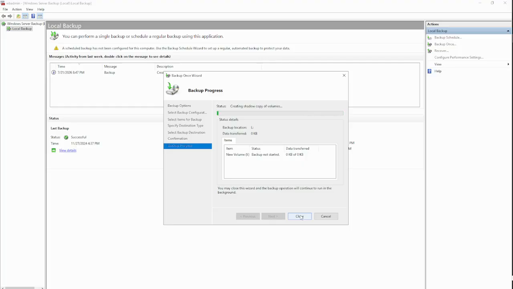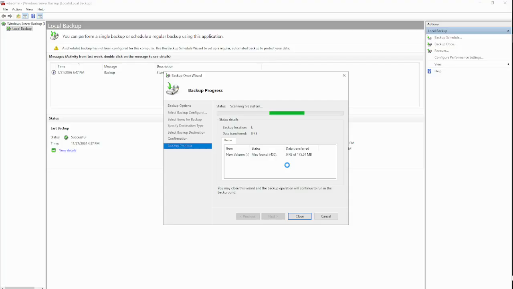Backup has not yet started. It is just taking all these files. Now it is scanning the file system. Found 26 files. This is how much is being transferred. You see all those files are being copied now to the L drive.